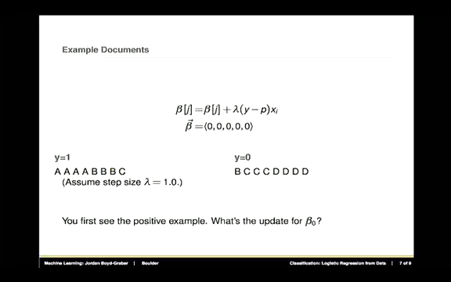Let's go through an example. All right, so we have two examples, or two documents. One has y equals 1, and one has y equals 0. Let's initialize our betas all to 0. And so now we're going to step through and compute the gradient for each of these dimensions. So this is beta 0, beta A, beta B, and so on.